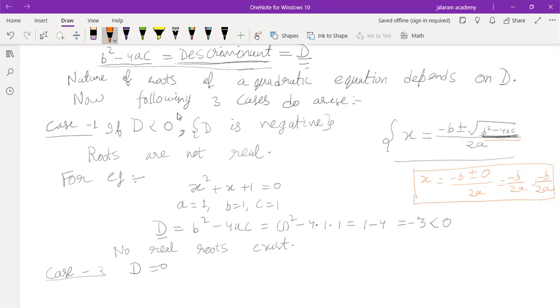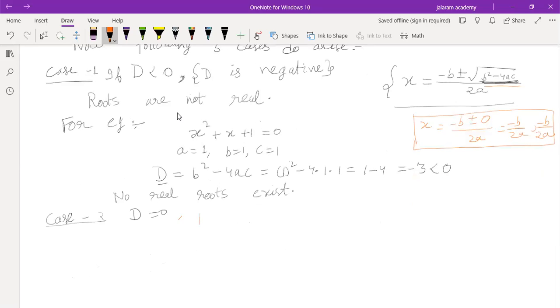So we say that roots are real and equal. Okay, as they exist, they are real and both are equal. And when does it happen? Do you know? When discriminant is equal to 0.